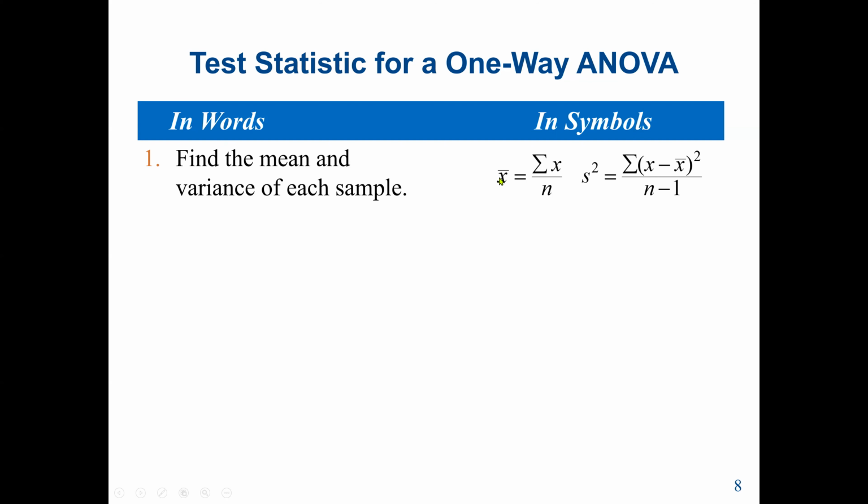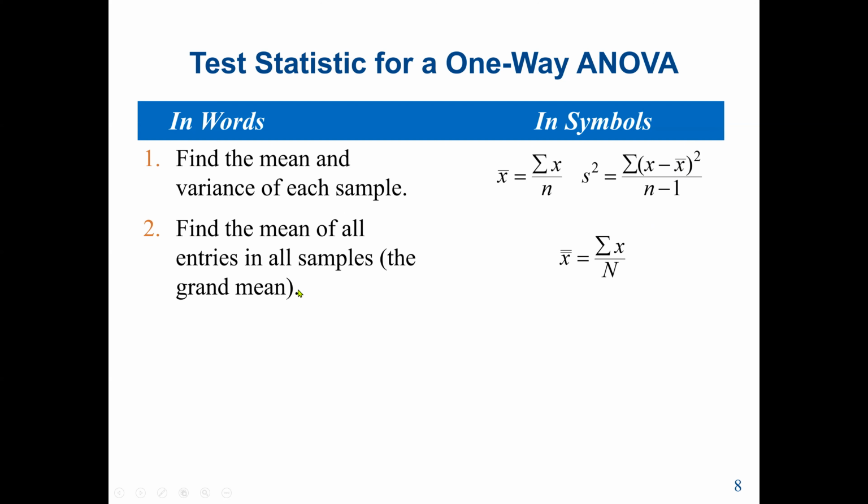To find the sample mean, you add all the sample values and divide by the sample size. To find the variance, you subtract the mean from each value, square it, sum everything, and divide by n minus 1.